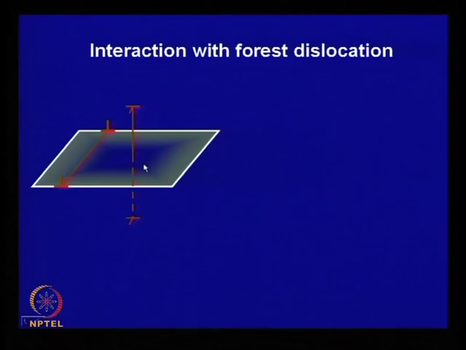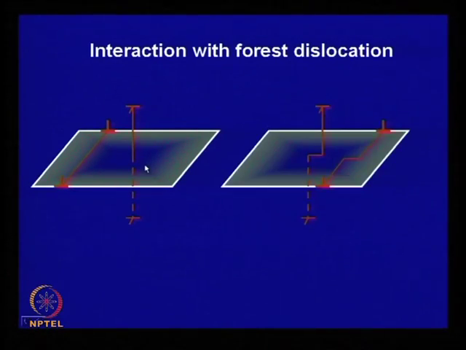So, when they interact, what happens is shown here. When it comes this side, its Burgers vector is like this. So, what will it do? It will create a step over here. Look, this is the step over here. So, here also, similarly, this dislocation will also develop a step like this.